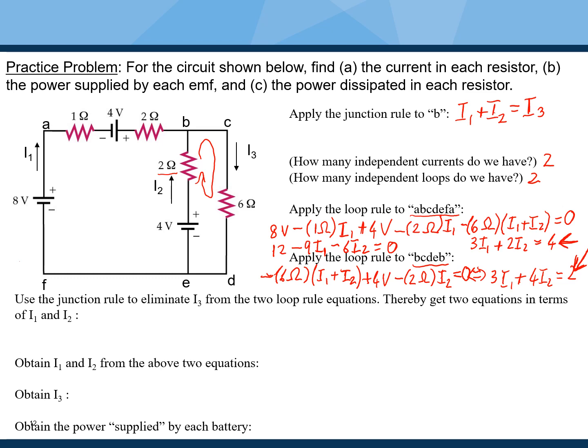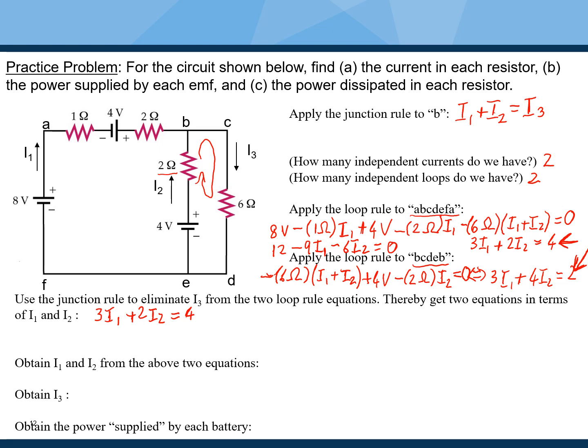Now we're going to line these two equations up and do our subtraction of equations. Notice happily enough that we have 3I1 in both these equations, so we don't have to work too hard, and that's a good thing. So we have 3I1 plus 2I2 is equal to 4. That's what we get from the first equation that we marked up.